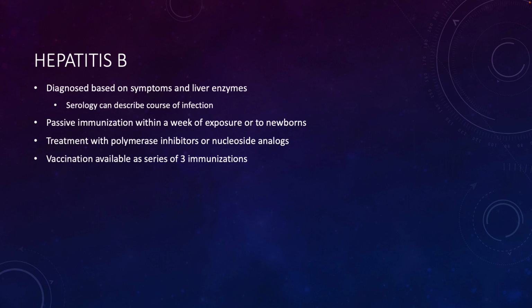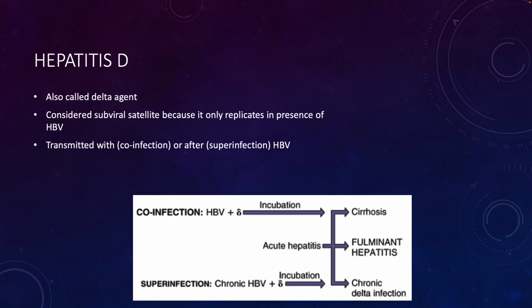And so just briefly, I want to tack on hepatitis D because it is only seen with hepatitis B. Not all hepatitis B infections will have hepatitis D, but all hepatitis D is seen with hepatitis B. So it's called delta agent.